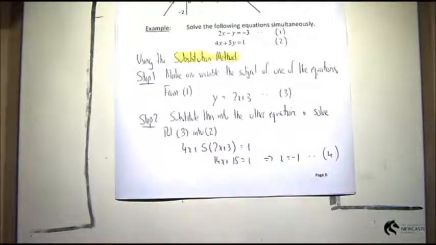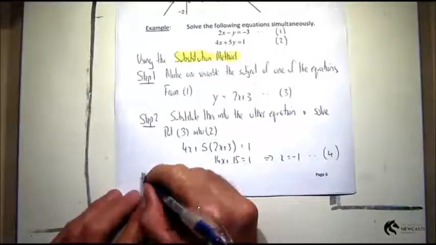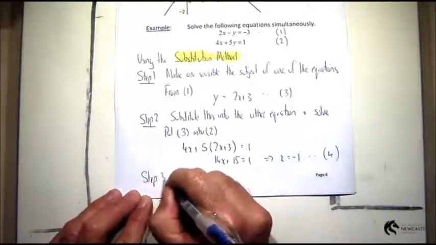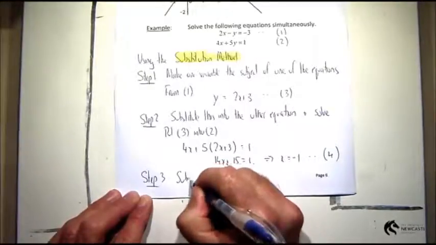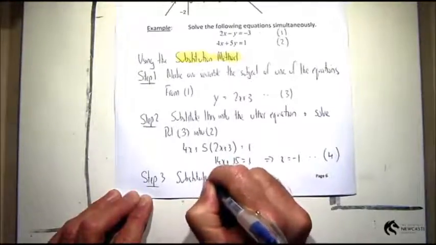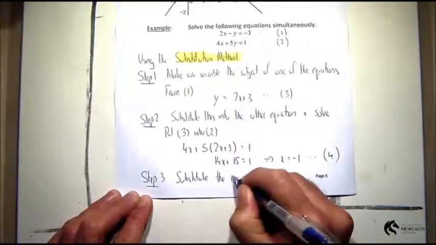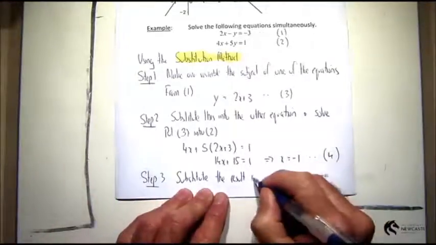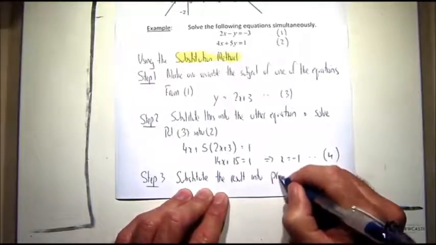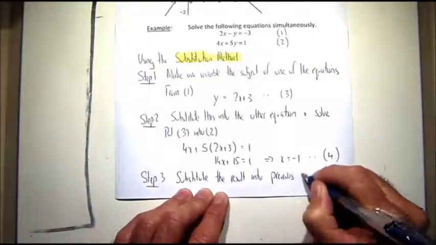So step 3 says substitute the result into, now I'll say a previous equation, but I really mean equation 3.